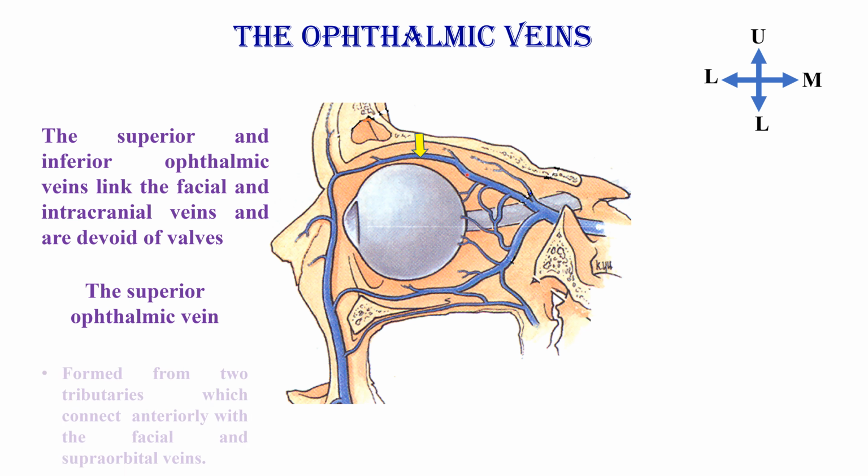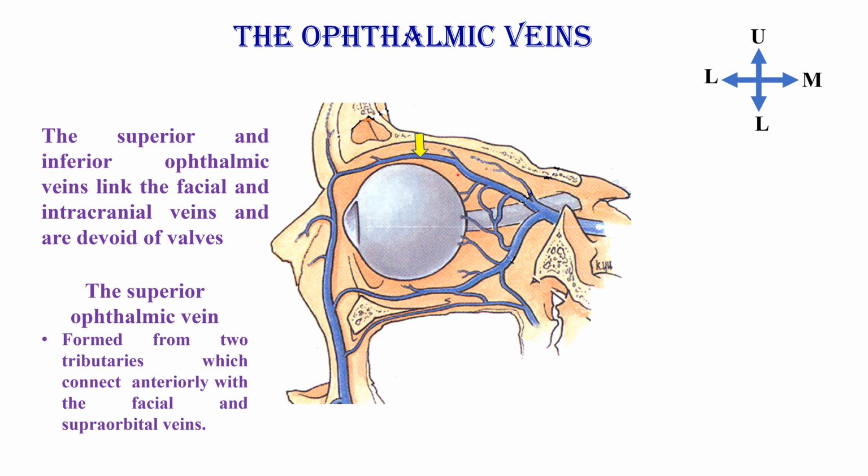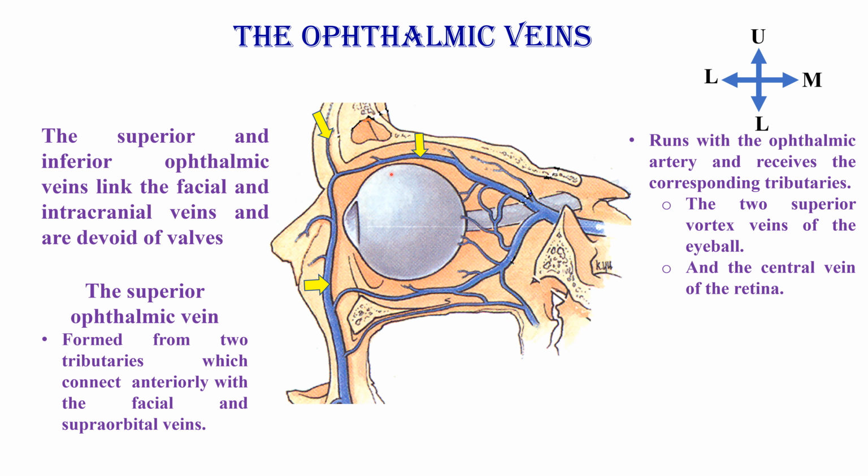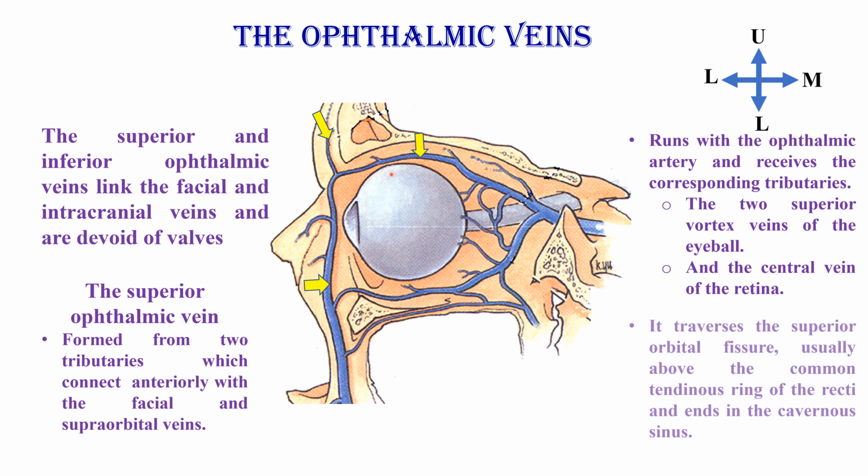That is the superior ophthalmic vein, which is formed by the two tributaries, the supraorbital and the facial vein. And they run with the ophthalmic artery and receive the corresponding tributaries, that superior ophthalmic, which are the two superior vortex veins of the eyeball and the central vein of the retina.